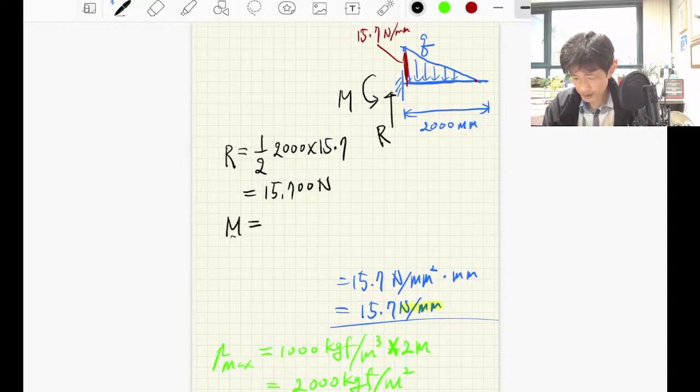So now let's calculate the moment. So the moment is equal to what? We need to consider the resultant. The resultant is equal to the reaction component, R, times the arm length, the point of the reaction. Arm length in the case of a triangle is a third. So a third of 2000.